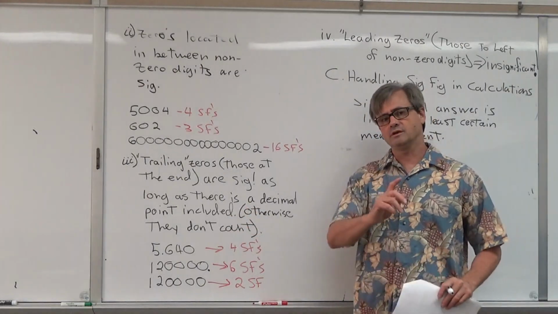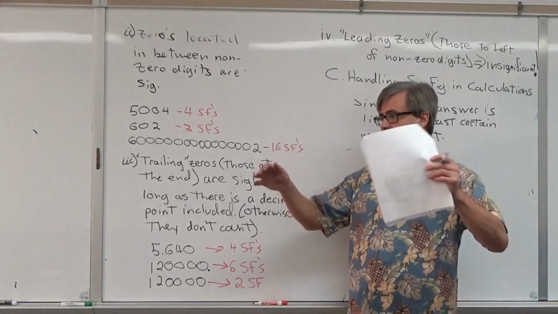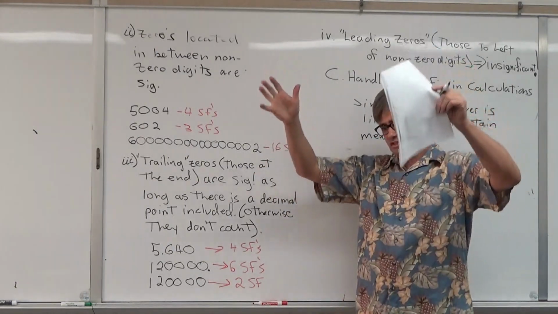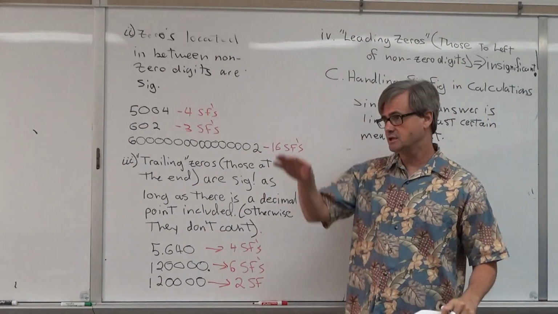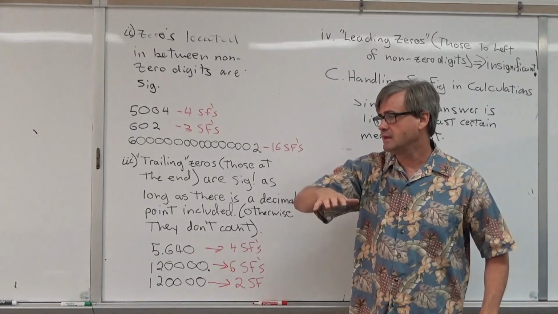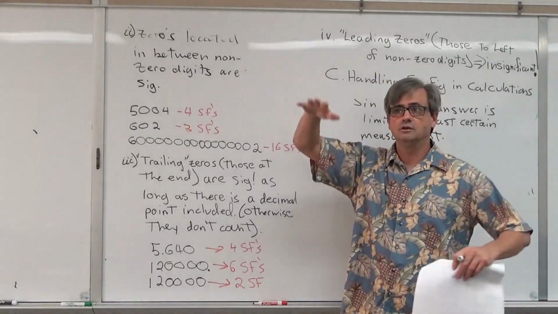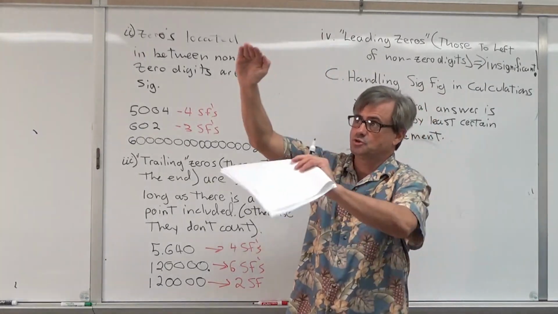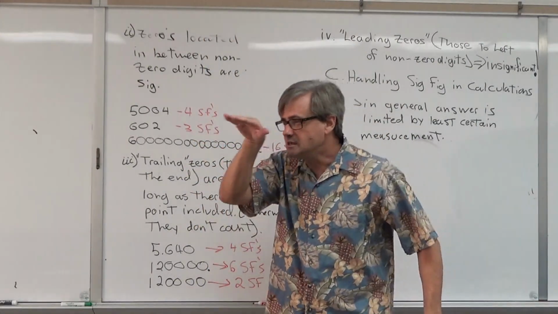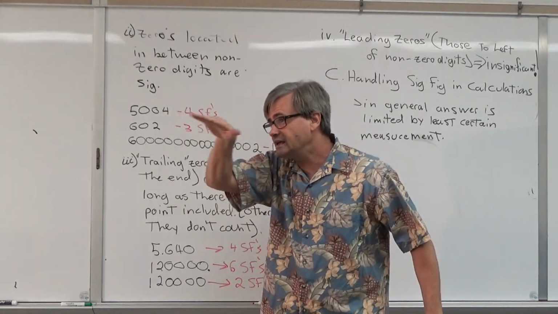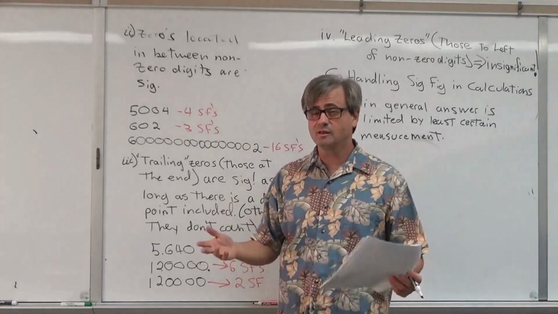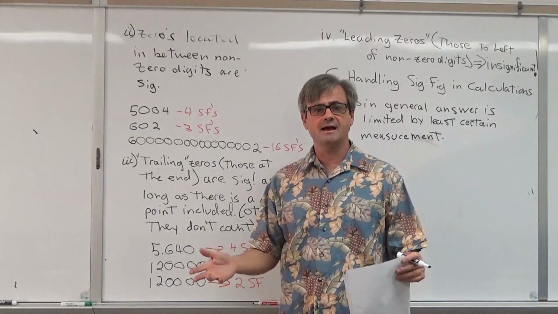Now, where do you get the volume of me? Well, you put me in some tank that's got lines on it, and then you see how much water I displace. So you read the water on the lines, and you put me in there, and then you read the new line of how much water I displaced, and then you do the subtraction, and that is how much volume I am. But that's me, or somebody else besides me, reading those lines. And so your measurement of that volume is probably not going to be terribly accurate.